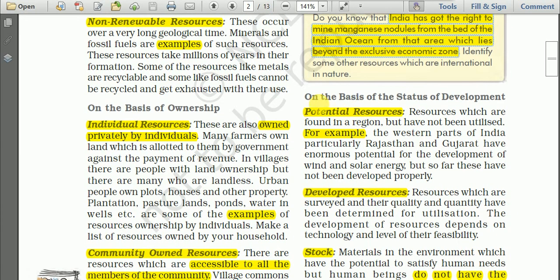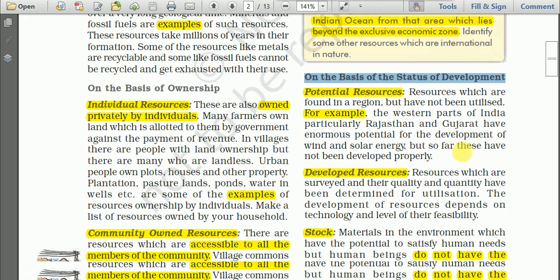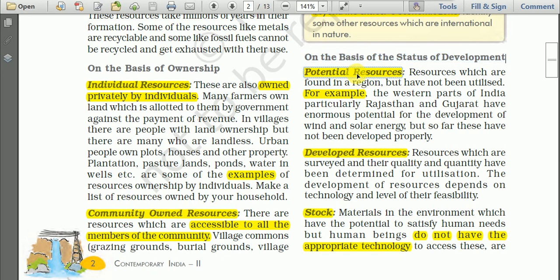Next, we have the basis of the status of development. Again, we have 4 types of resources. The first one is potential resources. What are potential resources?